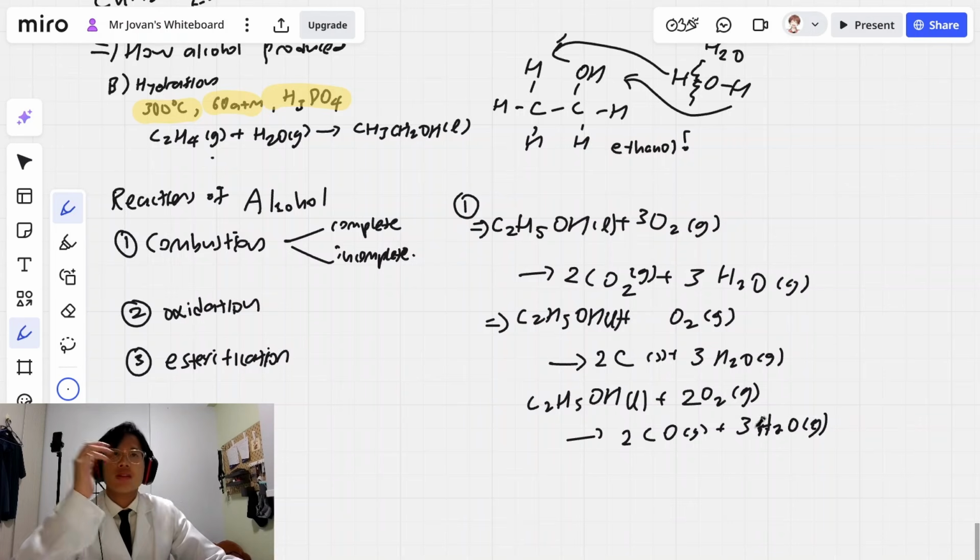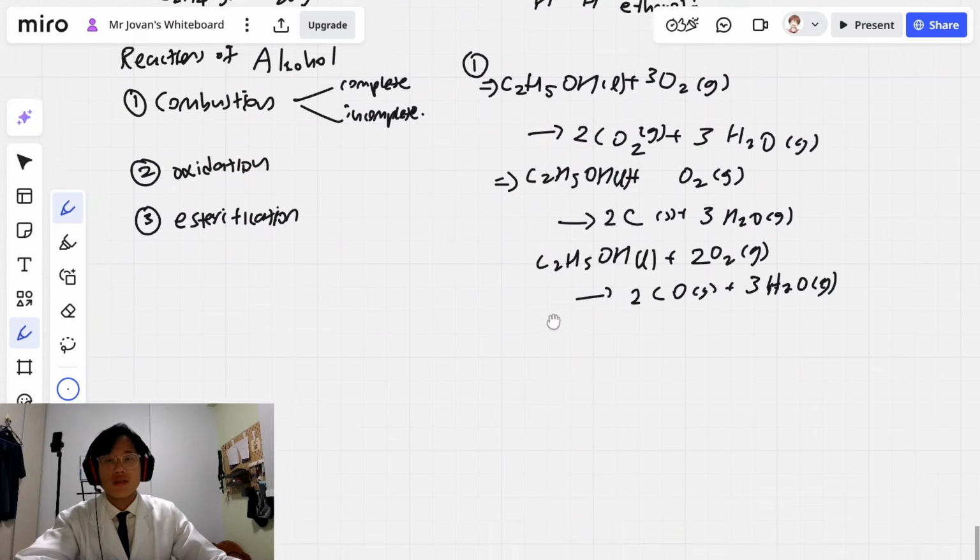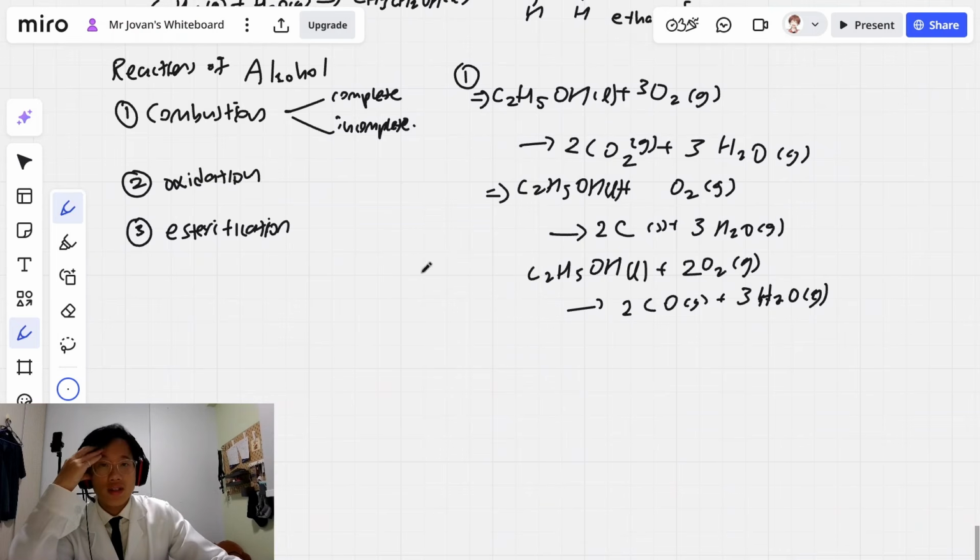This is how you balance it. Once you know the products, you balance it. Easy. Combustion happens in all the reactions so far: alkanes, alkenes, alcohols.